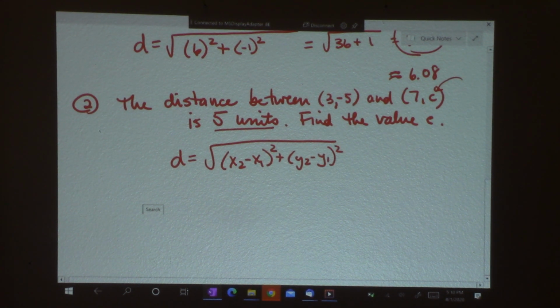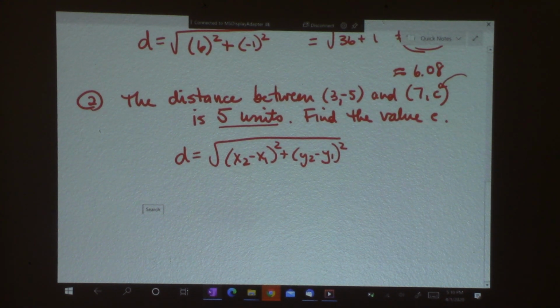And we're going to see how this works. Now I have 5 is the distance, and I already know that. So then I'm going to have the square root of, and I'm still going to substitute everything in and see how it works out. Now I always write x1, y1 here, and x2, y2, so I don't forget.